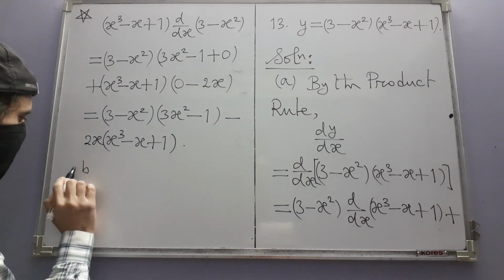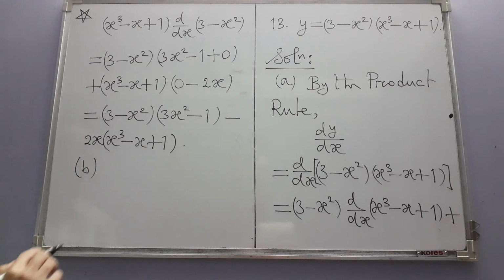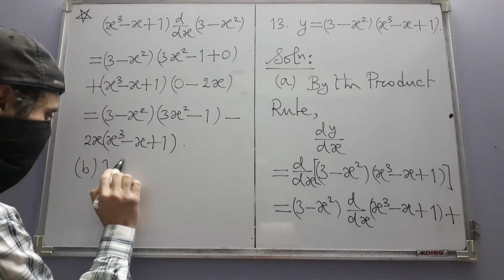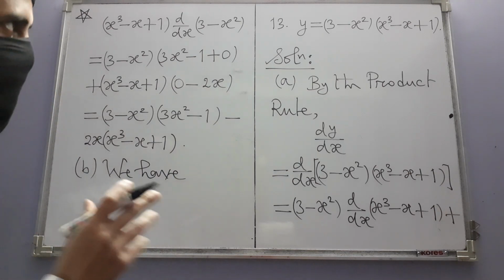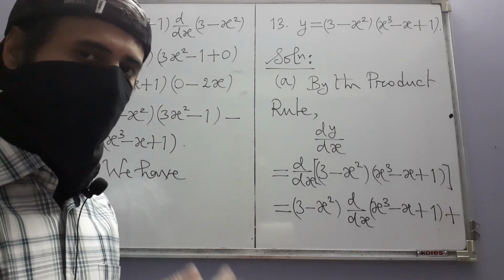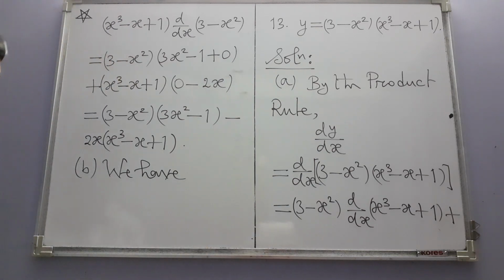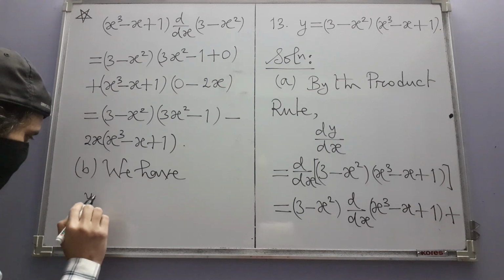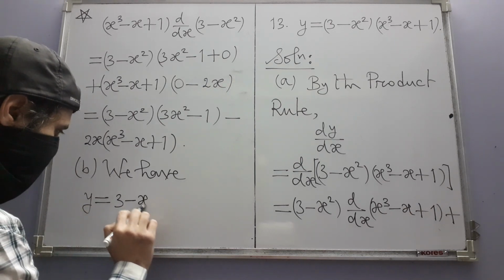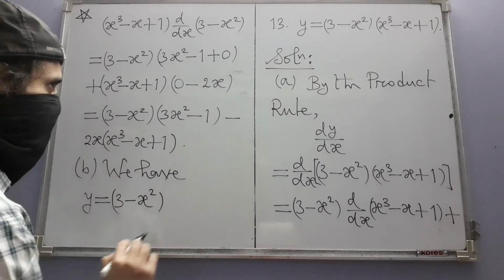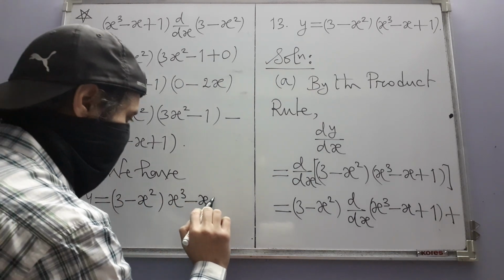Now next, B. In part B what we do is, first we do the multiplication. So that is why in the beginning itself we don't think of differentiating. First we do multiplication, simplify the resulting thing, and then only we differentiate. So we start with the given function, x square times x cube minus x plus 1.